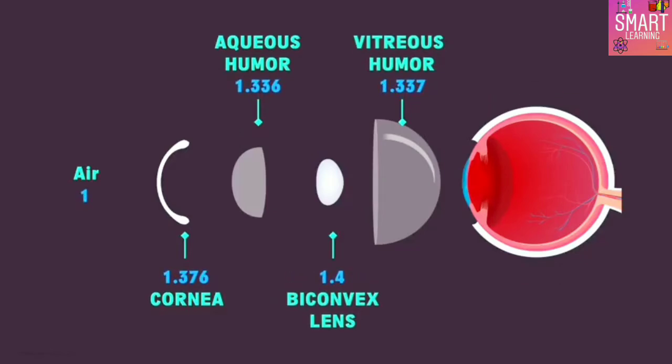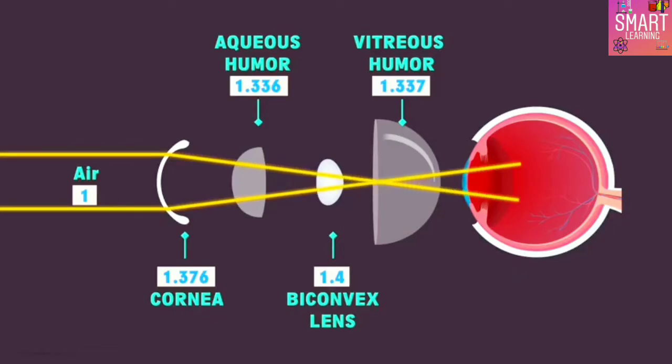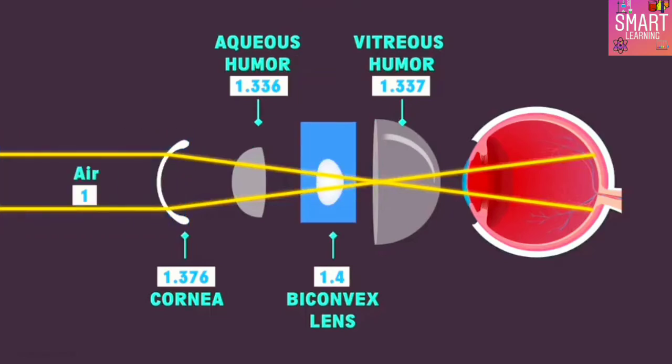And here are the approximate refractive indices of the media. Now, if you notice, the refractive indices of air and cornea are largely different, whereas the others are not significantly different. Hence, most of the refraction happens at the air-cornea interface. Refraction does occur at other interfaces too, but not as much as at this interface. The lens also refracts the light.